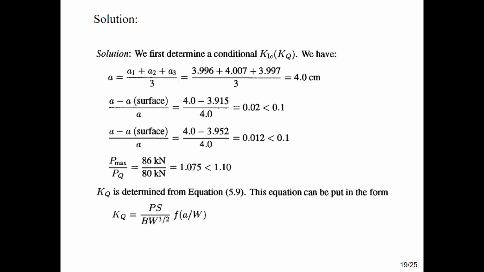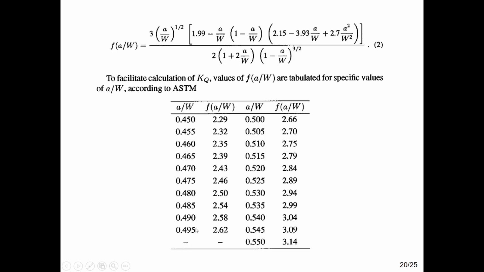So like I mentioned just now, KQ you need to calculate by using this equation, where you need to find the value for F times A over W using this table. You need to find the ratio between A and W, and then find the location where you need to take the value.